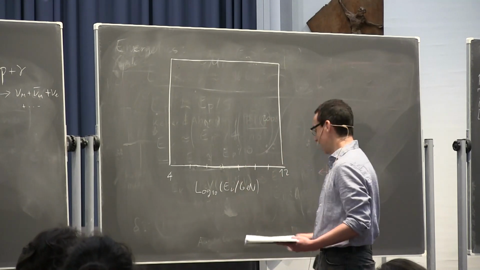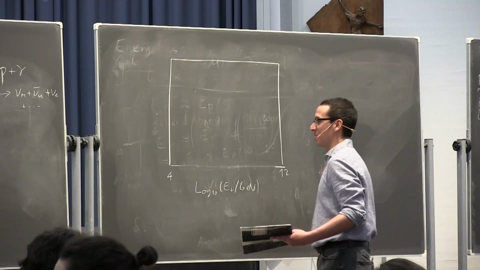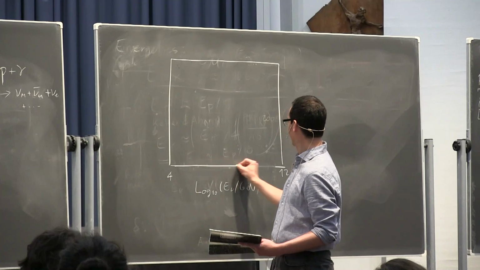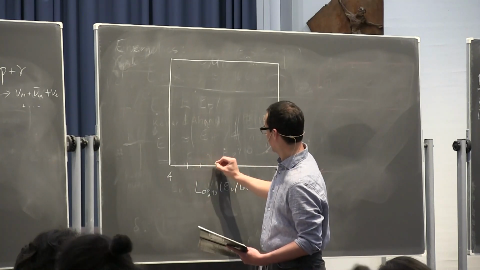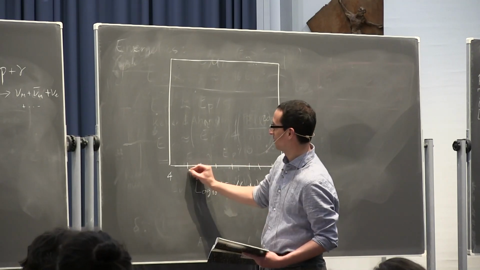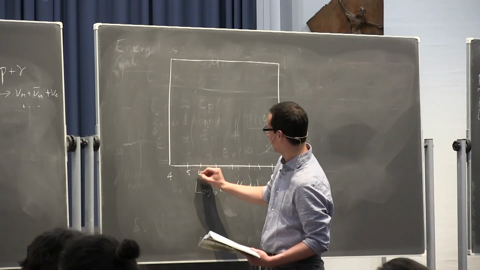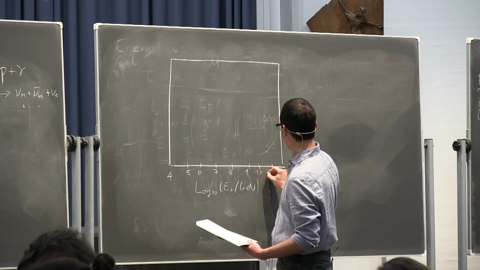I'm really bad at drawing tick marks. Let me do it properly, otherwise it won't make sense. Okay. 5, 6, 7, 8, 9, 10, 11. Okay. This is nowhere near uniform, but as close as I can make it.